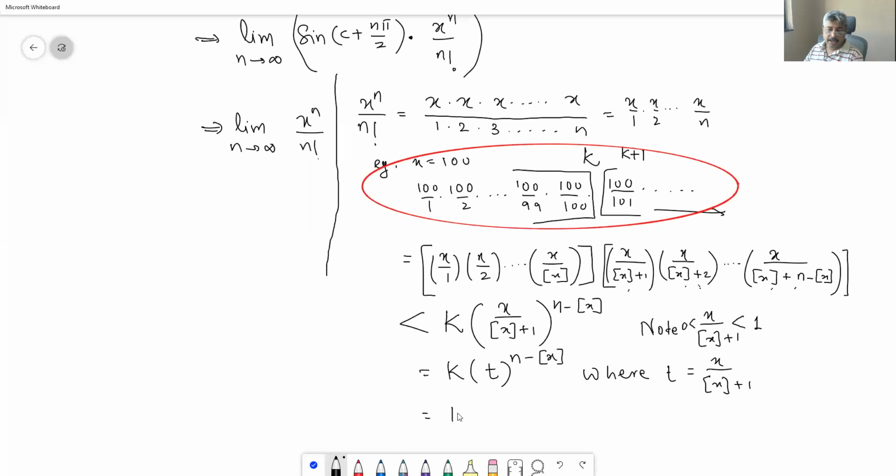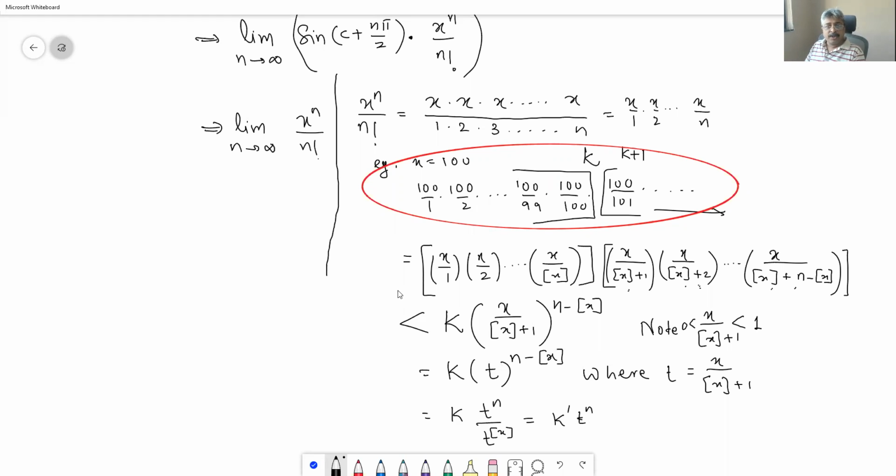So k into t raised to n upon t raised to greatest integer x. Now t raised to greatest integer x is yet another number. So this is k dash t raised to n. That is where we have arrived, where t is less than 1.